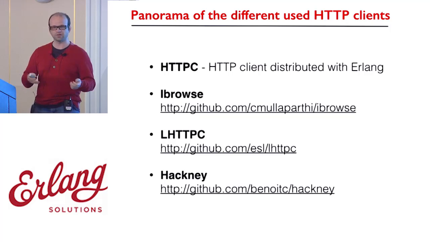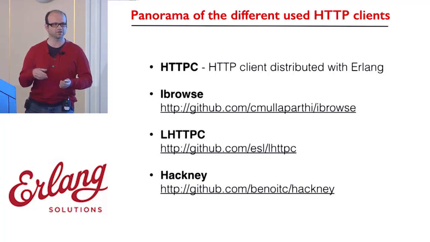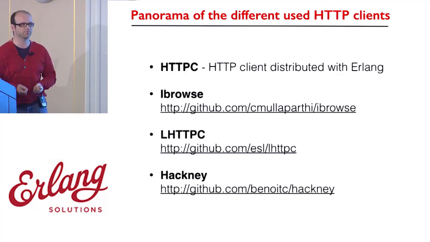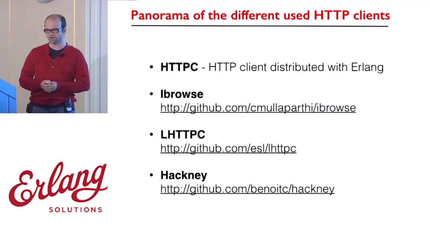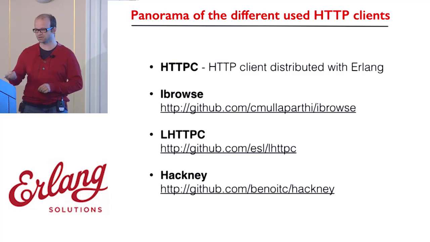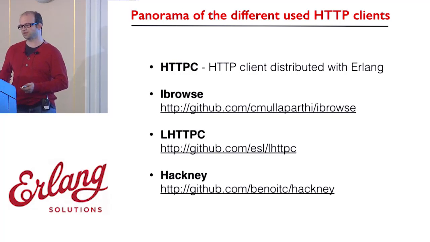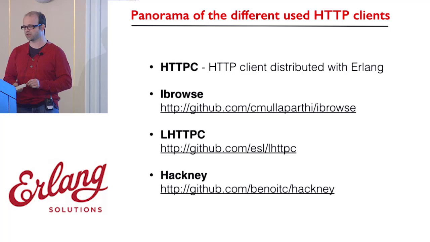But he has done some patches, adding proxy features, adding the possibility to have multiple connections, et cetera. So lhttpc today is quite feature complete. You can stream a request, you can stream a response, but you are still missing some features like the possibility to monitor a connection, like pipelining. It doesn't exist, stuff like it.